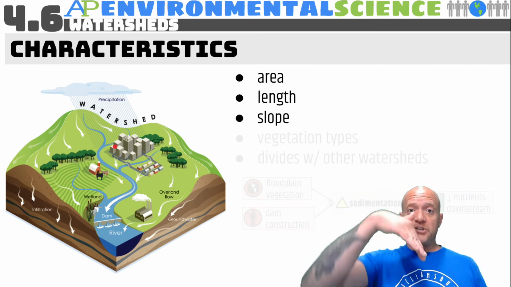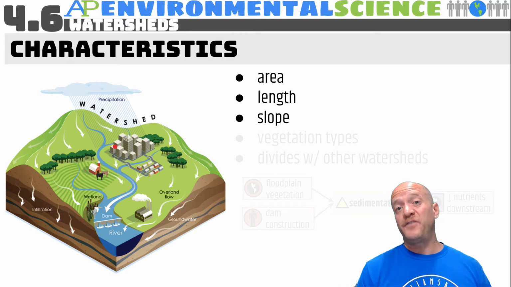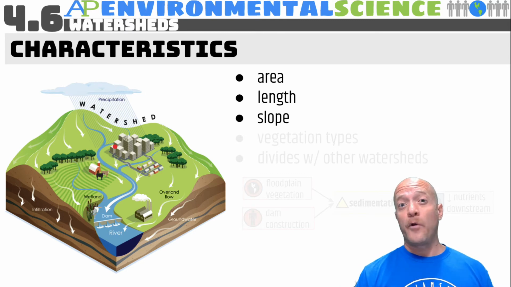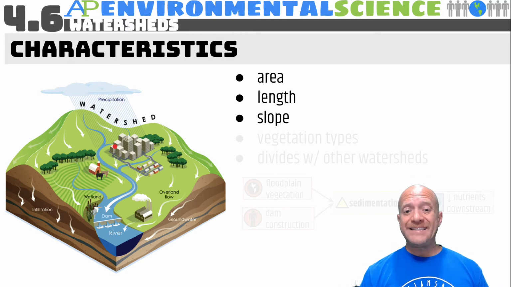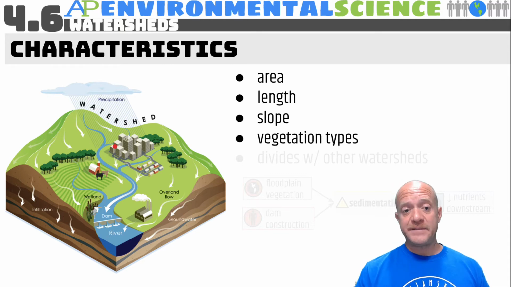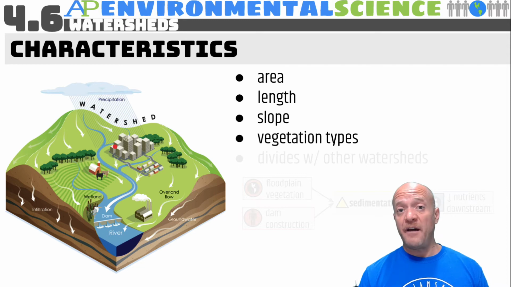A steeper slope is going to have a faster flow of water, which means there can be more erosion and more sedimentation in the river, and that can affect water quality. The vegetation types. If you have trees or grasses, they will absorb a lot of the runoff, and they can also absorb a lot of excess sediment, so you'll have less sedimentation in your rivers.